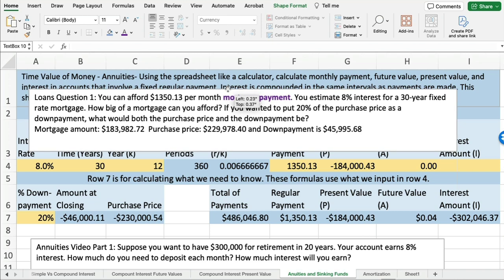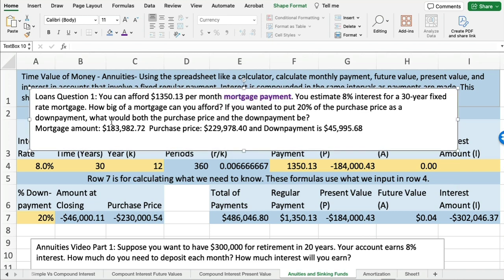So, I'm going to bring this up here. So let's change our mortgage amount then. Our mortgage amount is 184,000.43. Our purchase price, this is flexible, but it's giving us an idea of what we can actually afford on a home.